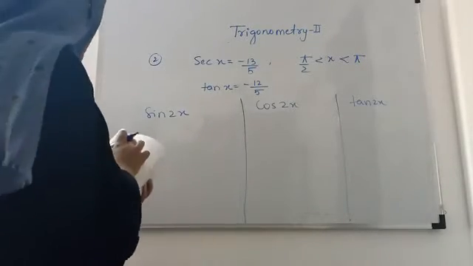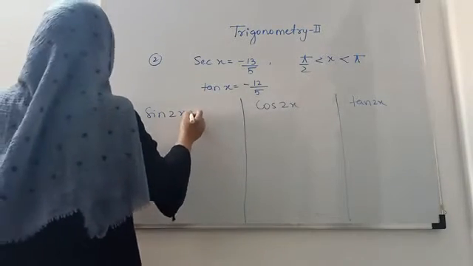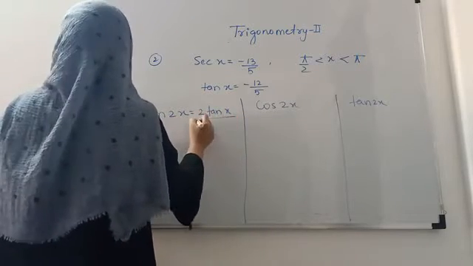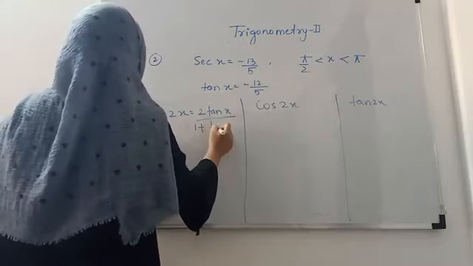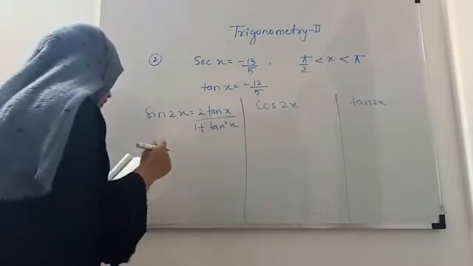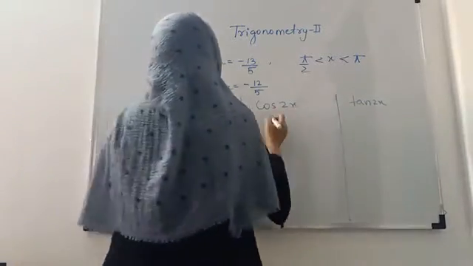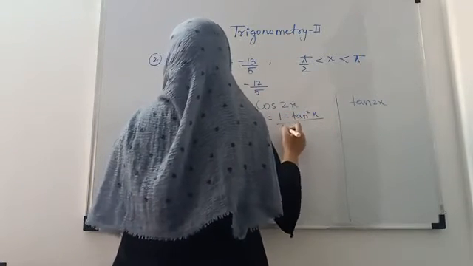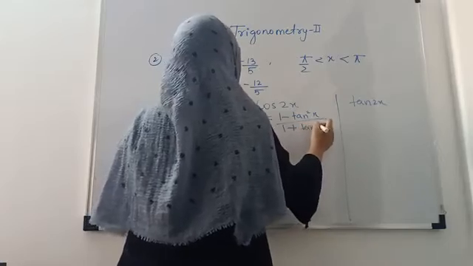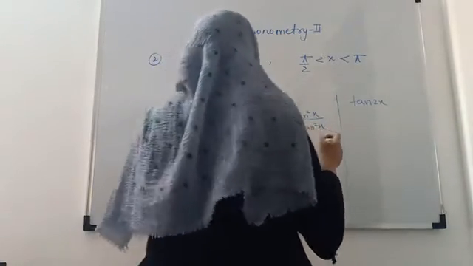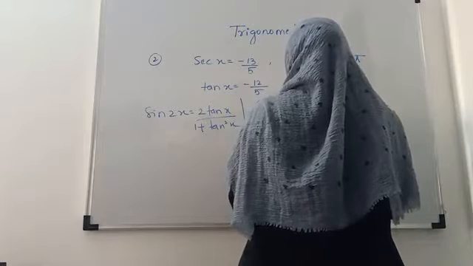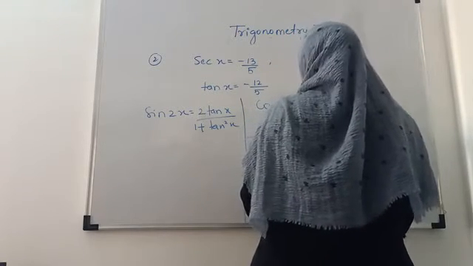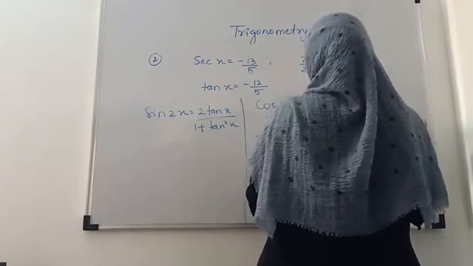So I am writing all these formulas first and then we will start to find it. Okay, so the sin 2x in terms of tan, the formula is 2 tan x upon 1 plus tan square x. Similarly for cos 2x, the formula is 1 minus tan square x upon 1 plus tan square x, and the formula for tan 2x is 2 tan x upon 1 minus tan square x.